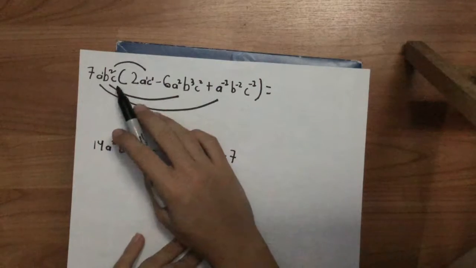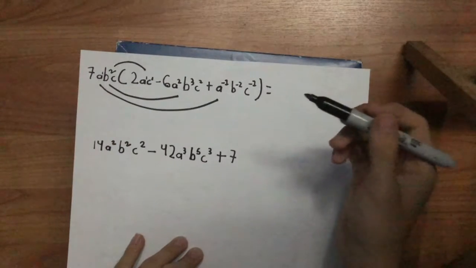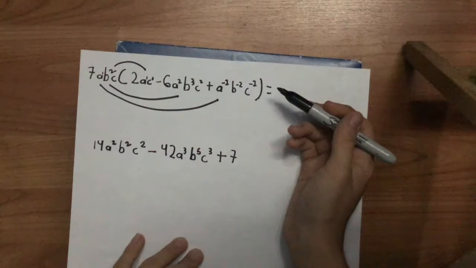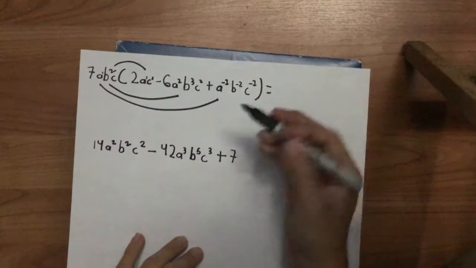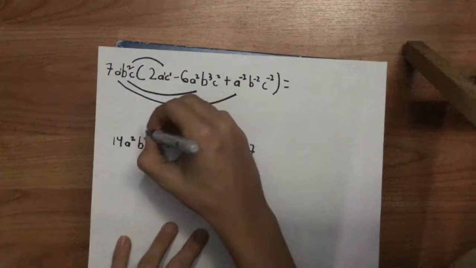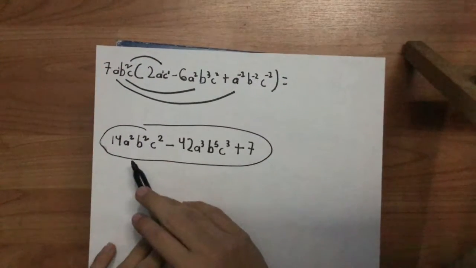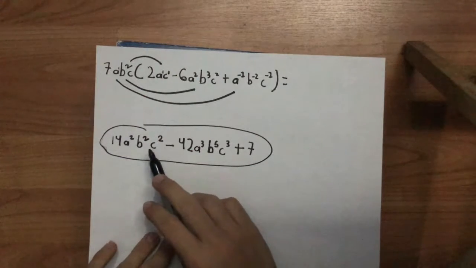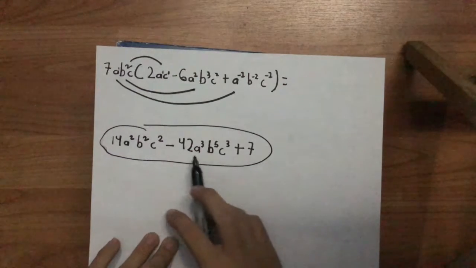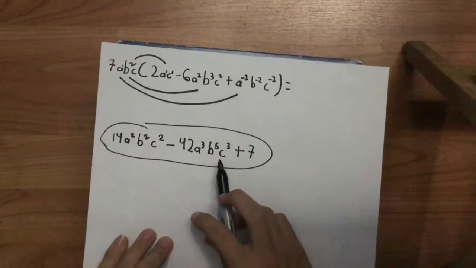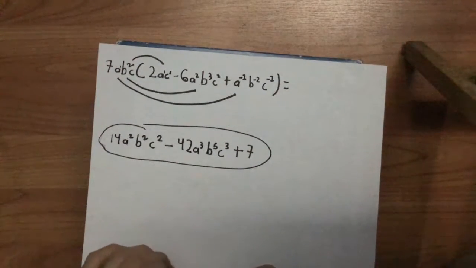C minus c to the 1, so you're multiplying, it will be subtracting, so it will also give you 0. So the expression will be like this, which is 14 a to the second power, b to the second power, c to the second power, minus 42 a to the third power, b to the fifth power, c to the third power, plus 7.